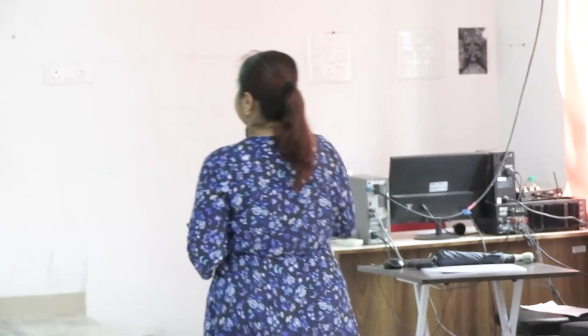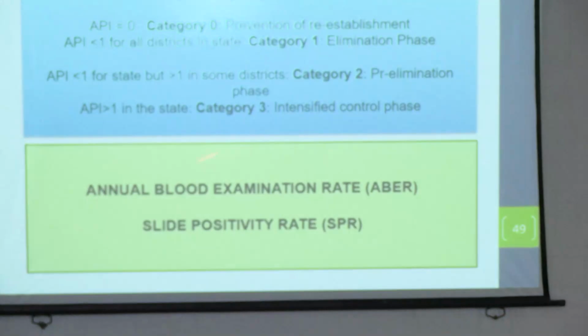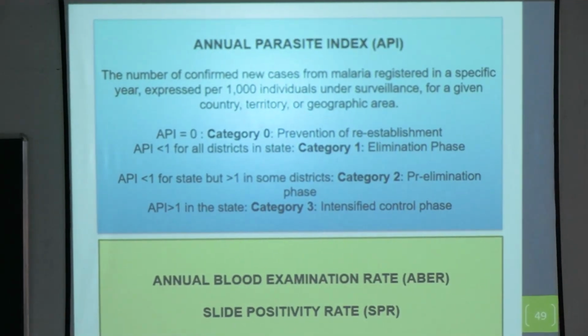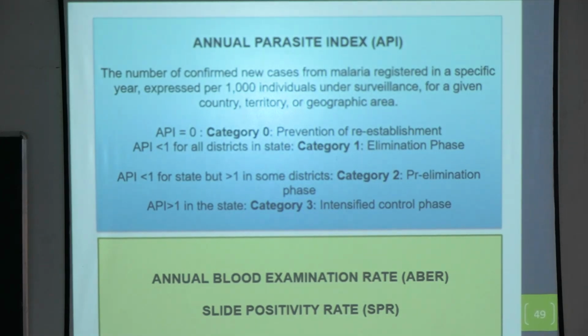Okay, then there is the annual blood examination rate. Annual blood examination rate দিয়ে কি করে হয়, মানে তোমার যতজনে ব্লাড কালেক্ট করছো তাদের মধ্যে কতজনের কি প্যারাসাইট, বলো অ্যানুয়াল ব্লাড এক্সামিনেশন রেট কি, বলো পড়েছো তো? হ্যাঁ, আর স্লাইড পজিটিভিটি রেট, কতগুলো স্লাইড এক্সামিন করেছে তার মধ্যে কতগুলো পজিটিভ এসছে। ওকে, so API, ABER and SPR, these are the three measures.